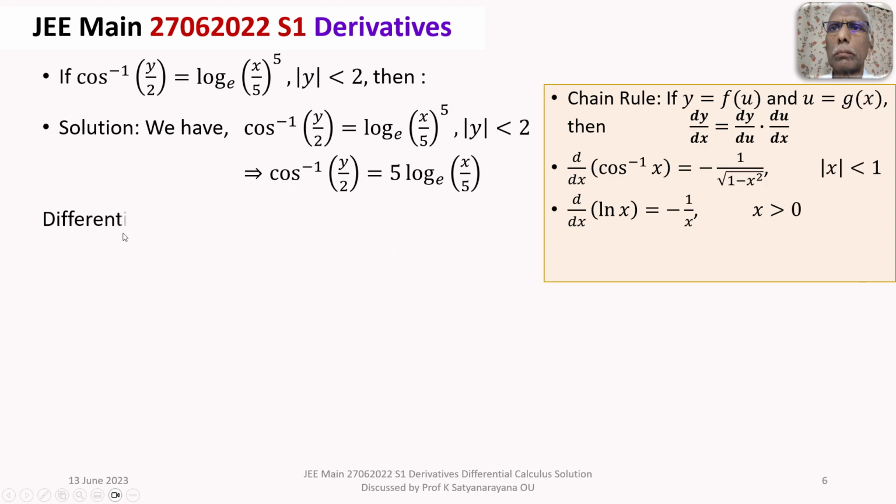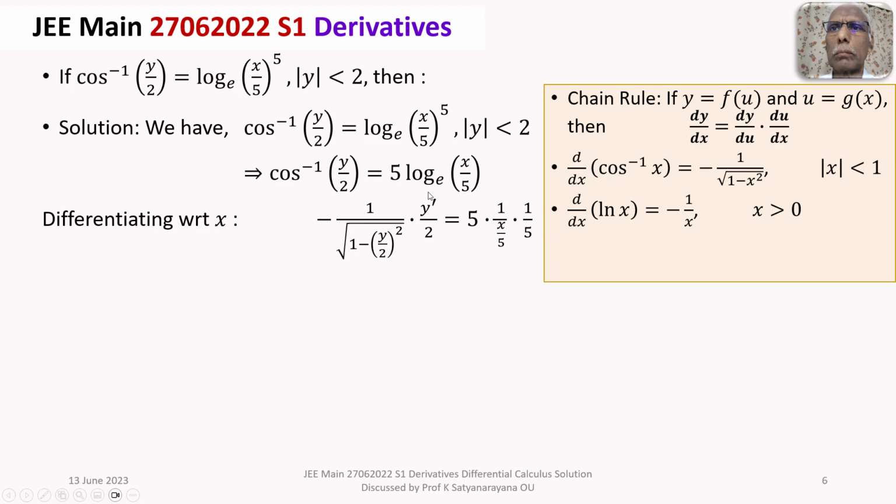So now differentiating with respect to x, first differentiate cos inverse of y by 2. It will be minus 1 by under the square root of 1 minus y by 2 whole square. Apply the chain rule: the derivative of y by 2 with respect to x is y prime by 2.